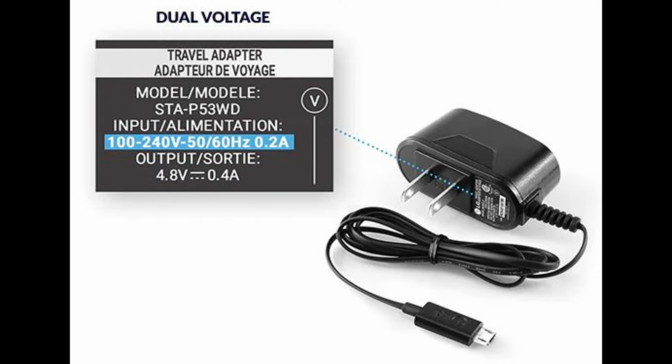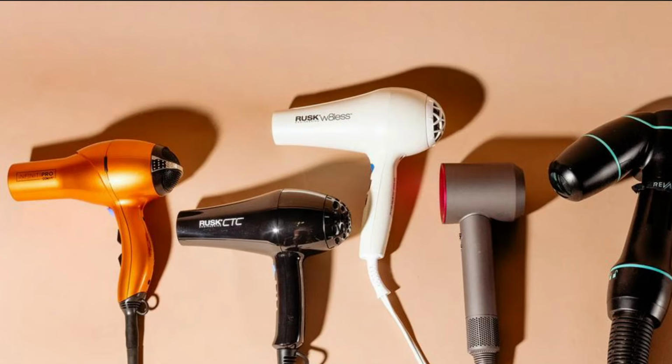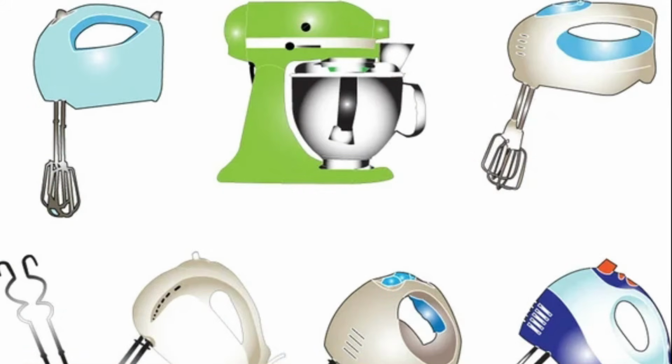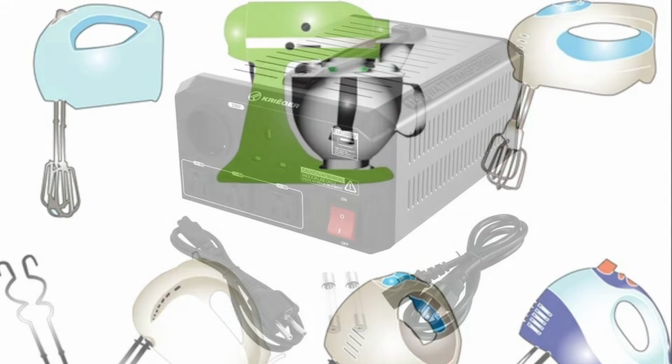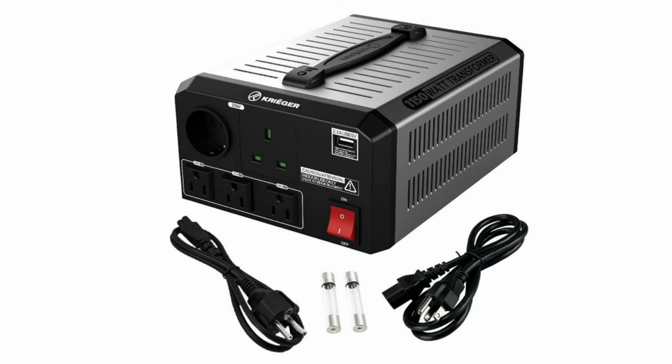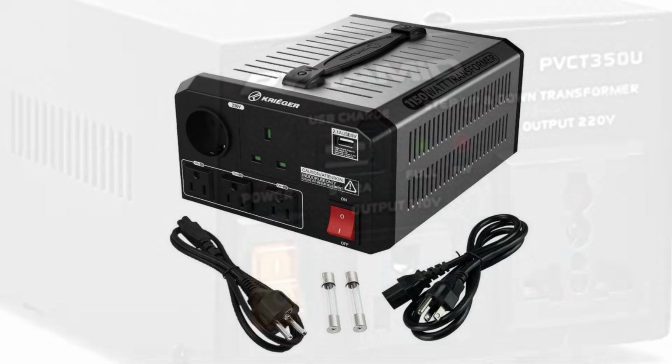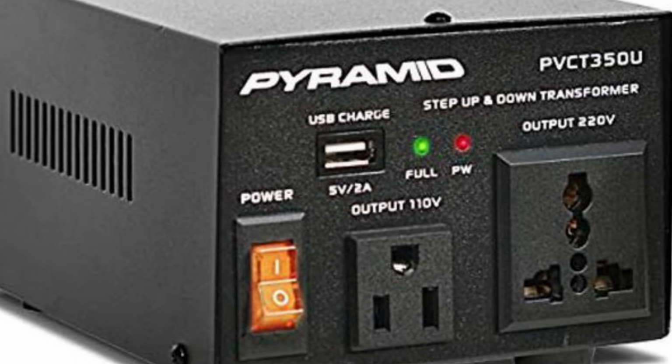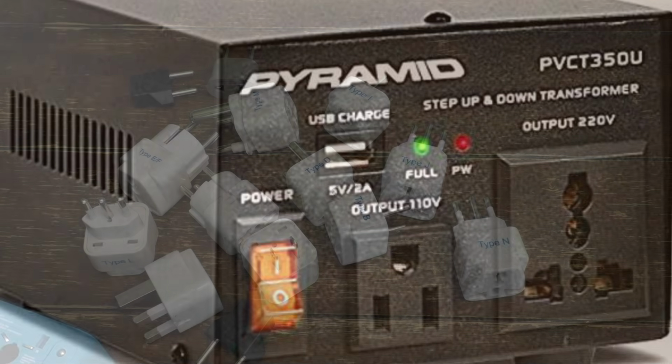But other electronic devices such as hair dryers or electronic mixers may only run with the standard 110 or 120 volt outlet, and therefore you will also need to purchase what's called a transformer to transform the voltage from the lower 110 to the higher 220 or 240 volts for that foreign country. So if you're going to utilize those electronic devices, you should also purchase a small transformer that will transform the voltage. And there you go.